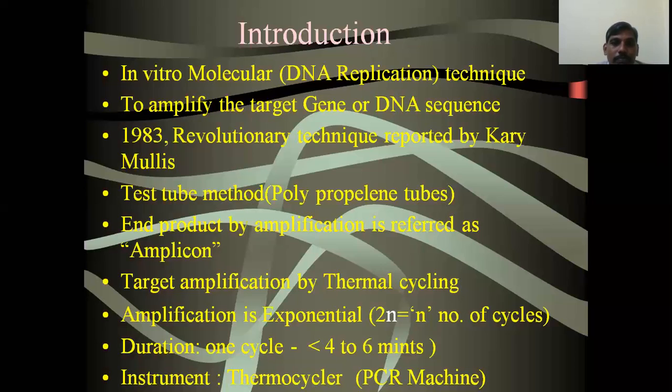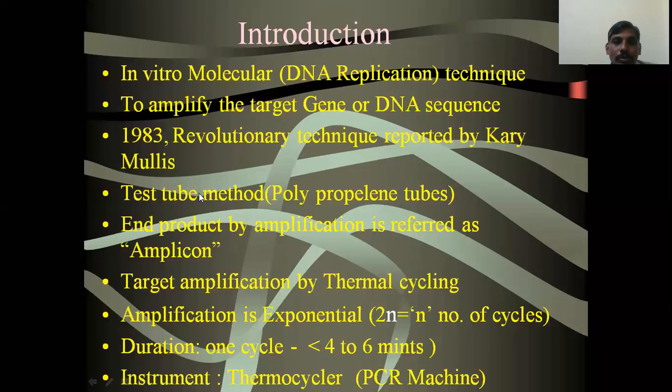After the invention of PCR, it gave a huge boost to biochemists as well as chemists in the research field. Why? Because this DNA replication process is done within a small test tube. These test tubes are made of polypropylene and are also called PCR tubes.